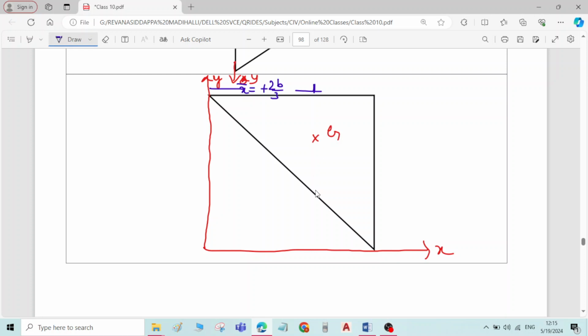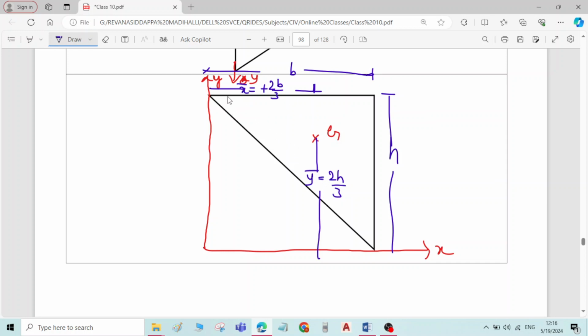Okay. And the formula for y bar is 2h by 3. If I take h as the height of the right angle triangle and b as the base width, the formula for x bar is equal to 2b by 3, the formula for y bar is equal to 2h by 3.